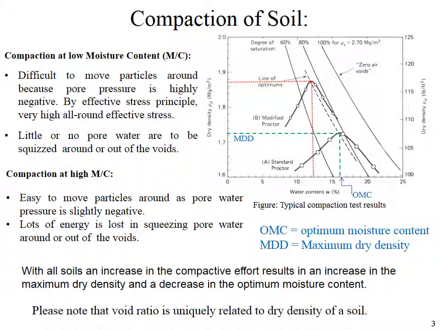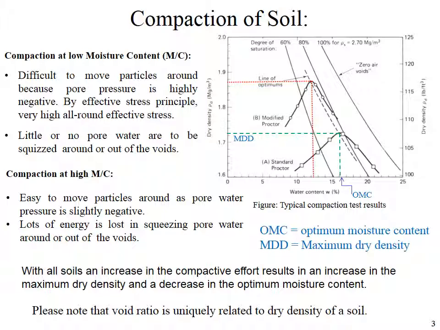For the same soil, for the modified Proctor test, the optimum moisture content is around 12.25% and maximum dry density is 1.87 megagram per meter cube. Here OMC is the optimum moisture content and MDD is the maximum dry density.